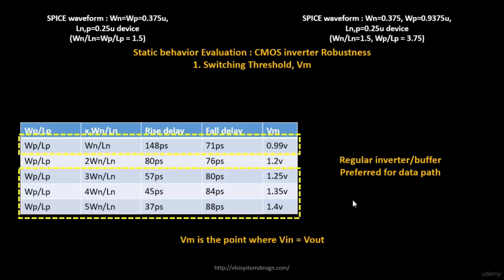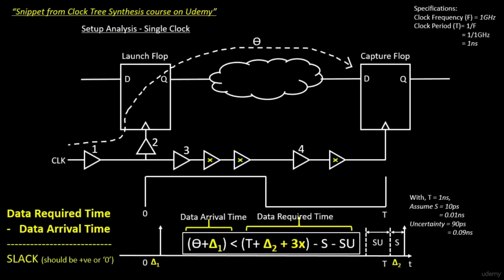We'll be talking more about the delays of the cell and how we exactly use it in the dynamic simulation part. Here we are evaluating the CMOS inverter robustness or the static behavior of the CMOS. When we go to dynamic behavior, we'll talk more about this in that particular course. So that's the advantage of having a regular inverter in a data path.